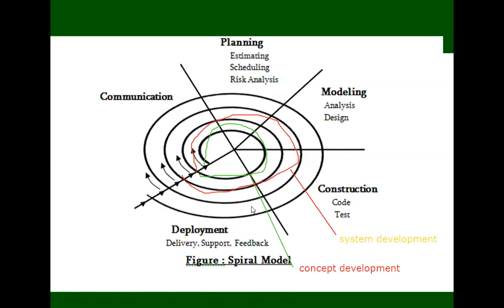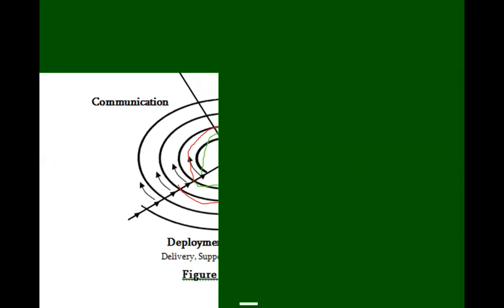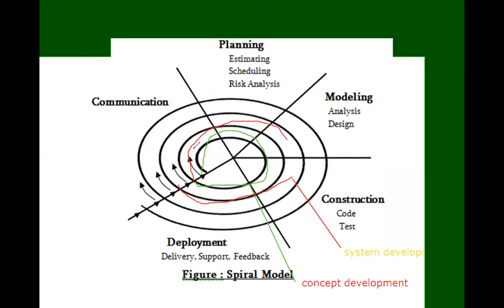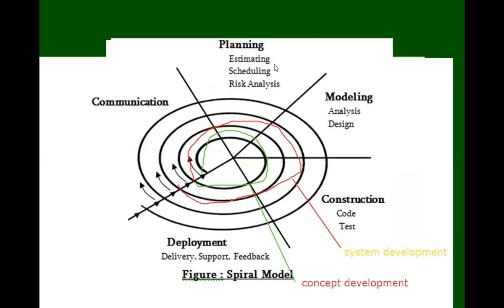This is my third spiral. In this third spiral, it explains system enhancement, and in the fourth spiral we go for system maintenance.